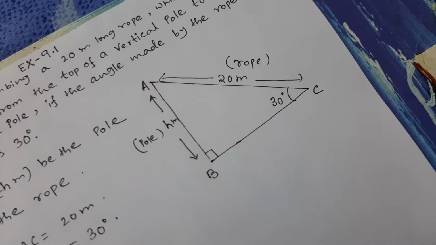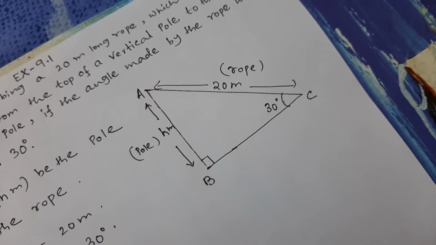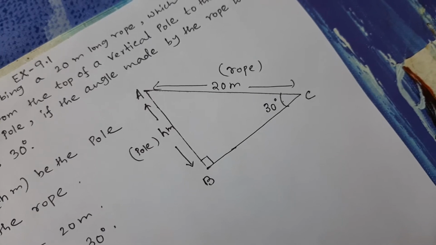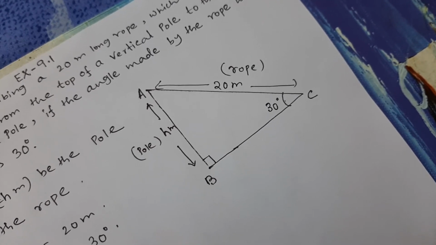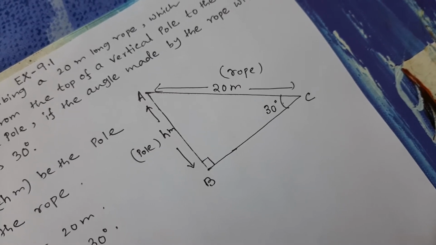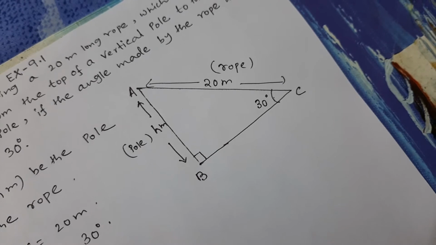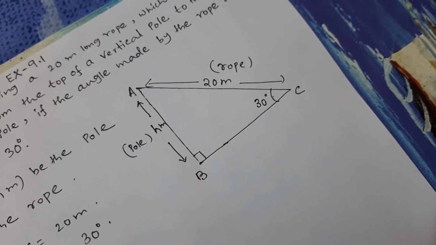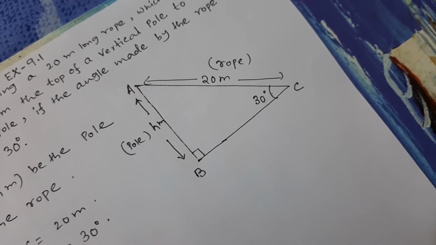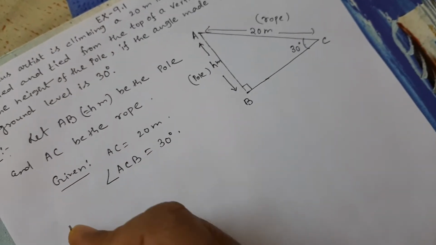So out of three sides, AC is given 20 meter and we have to find the height of the pole, that is AB, h. So ratio of this AB and AC: AB is perpendicular and AC is hypotenuse. So perpendicular by hypotenuse, that is sine, with respect to 30 degree angle, sine 30 degrees.